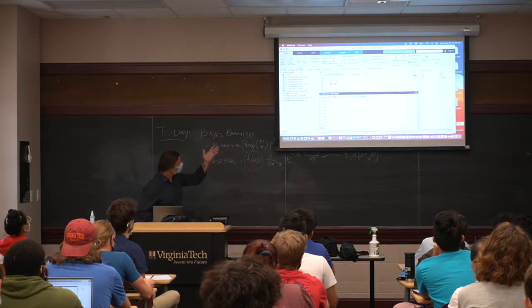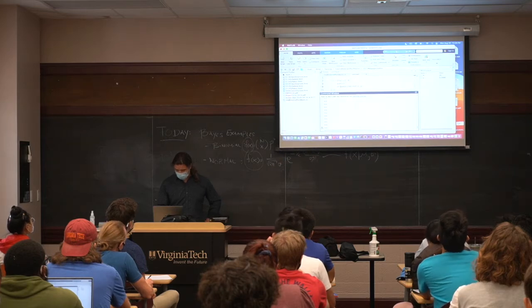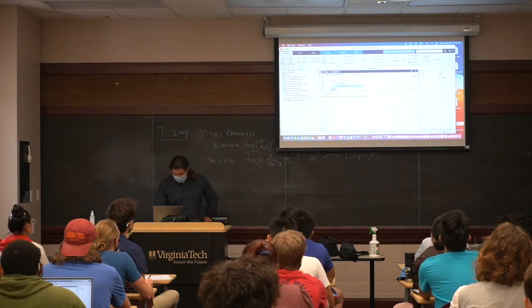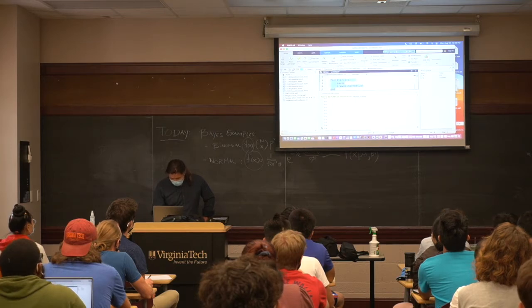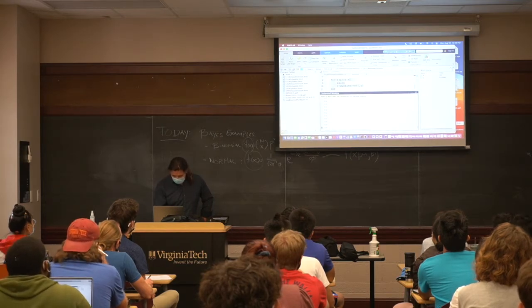It says 0.7, it says n is equal to 20, so I'm going to flip this coin 20 times. So let's see how this does. I'm going to let you see all of these observations as they come through.